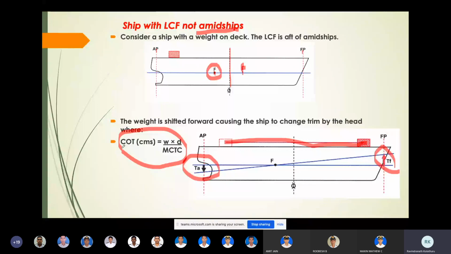The only thing is, since your LCF is not at midship, when it was at midship we used to distribute the correction equally, but here we may not distribute it equally because my LCF position has changed. So in order to find that, we need to derive some formula to see how to find out the corrections. Let's see that.